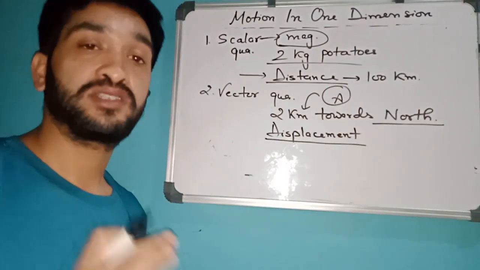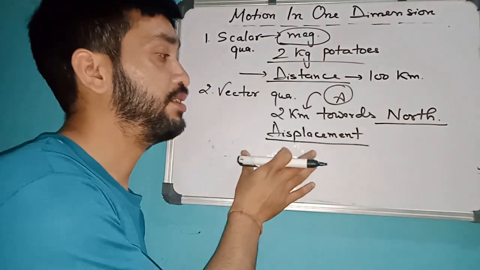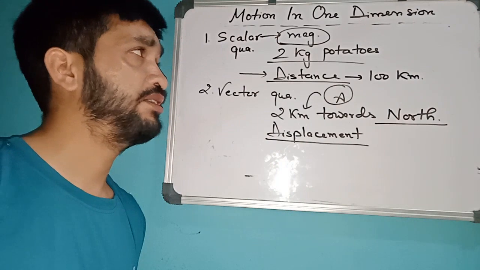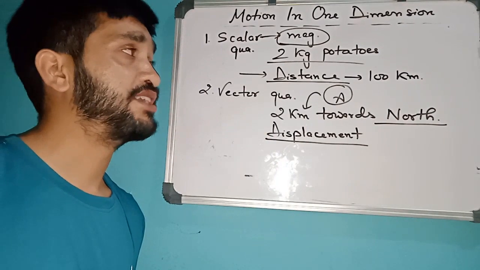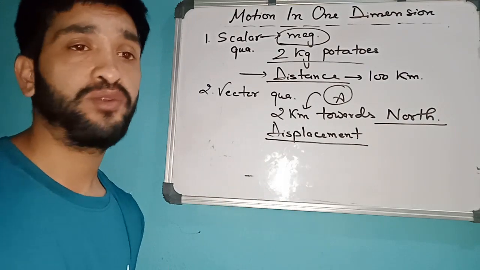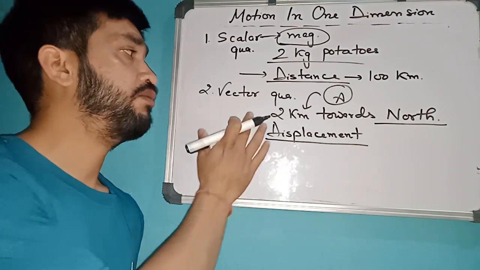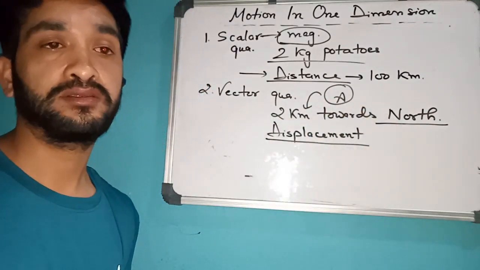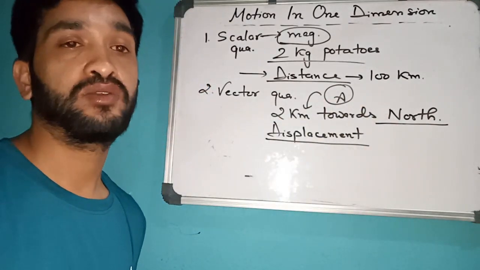So we say that distance is a scalar quantity, whereas displacement is a vector quantity. So this is the definition, and in this way you can explain it in your examination. Orally also you can explain that scalar quantity has a magnitude and no direction. Example, distance. Vector quantity has a magnitude as well as a direction. Okay? So this is your scalar and vector quantity.